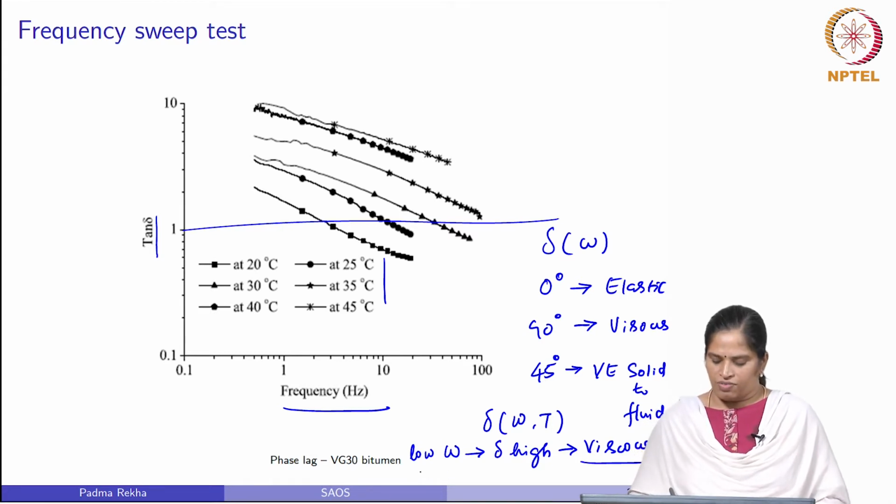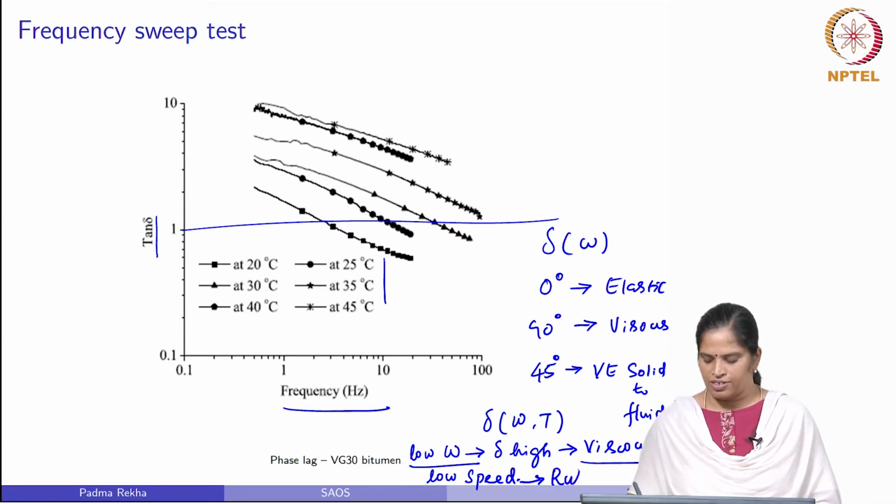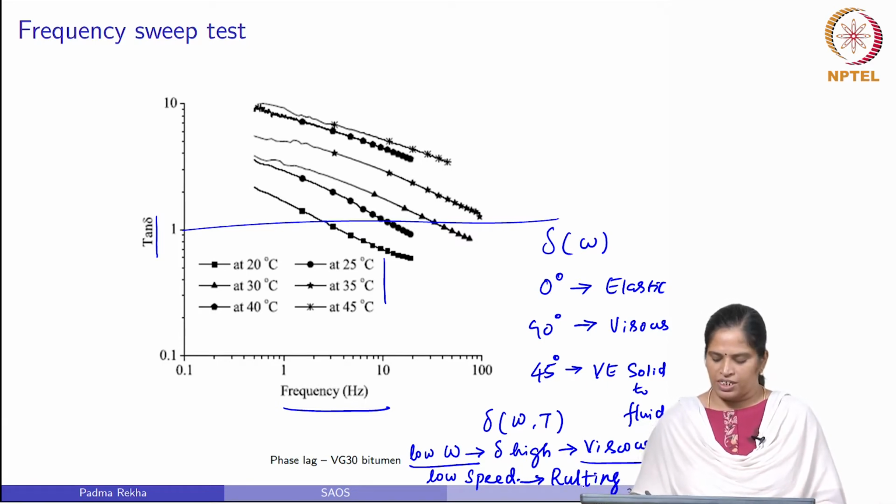So, you know that low frequency represents low speed of a vehicle. So, at low speed, the material starts rutting. This is if you want to relate the speed to the distress of the material. So, rutting is more critical at a lower speed.